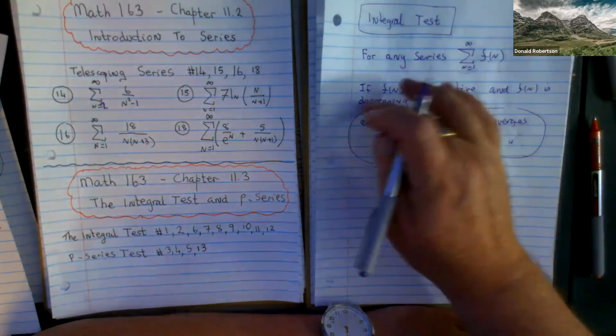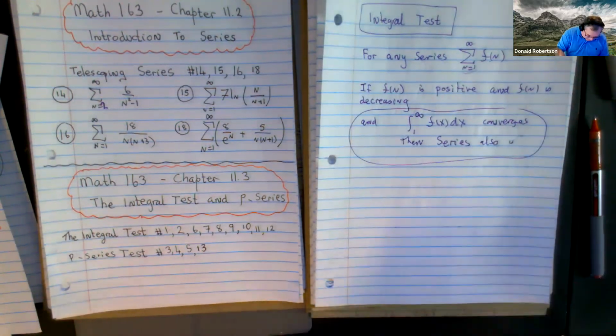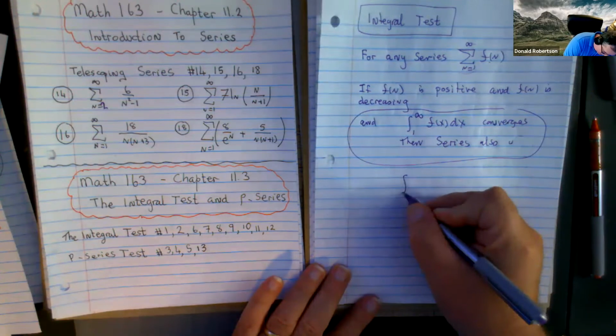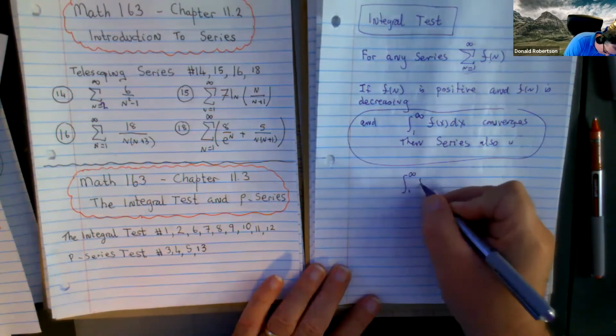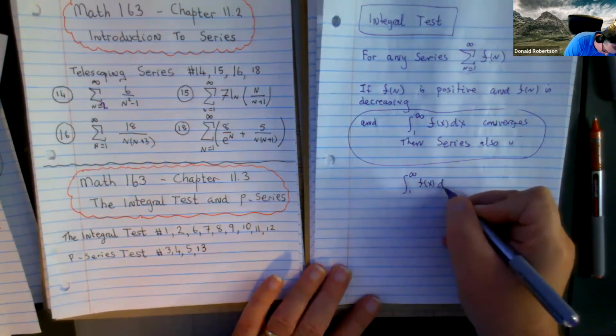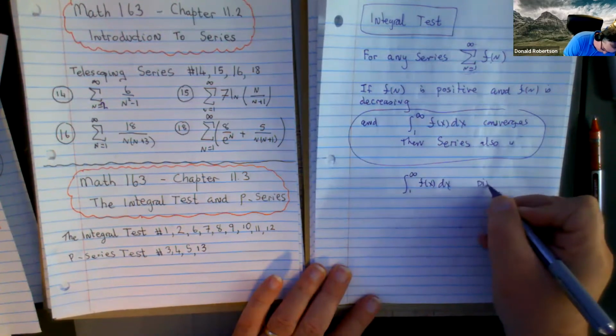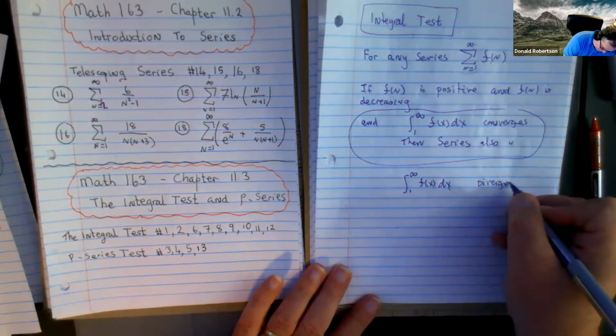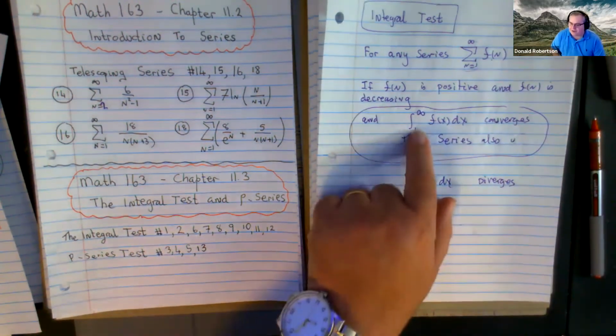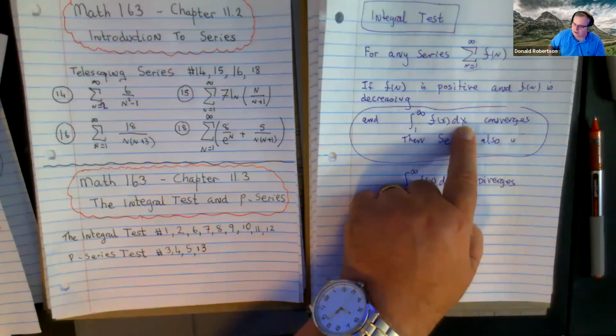And if this is true, it's positive and it's decreasing. If the integral from 1 to infinity of f of x dx diverges... So converges just means that this integral is equal to a number, like 4 or 44.